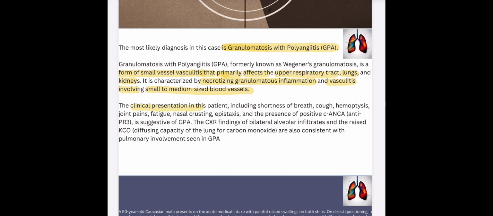The clinical presentation in this patient, including shortness of breath, cough, hemoptysis, joint pains, fatigue, nasal crusting, epistaxis, and the presence of positive C-ANCA, is suggestive of GPA. The chest X-ray findings of bilateral alveolar infiltrates and a raised KCO, diffusing capacity of the lung for carbon monoxide, are also consistent with pulmonary involvement seen in GPA.